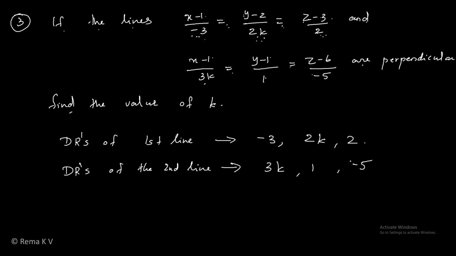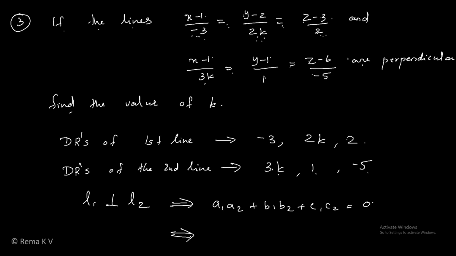So the condition for perpendicular lines: L1 is perpendicular to L2. It is given that the two lines are perpendicular. That implies A1 A2 plus B1 B2 plus C1 C2 is equal to 0. Substitute the values here and get the value of k.